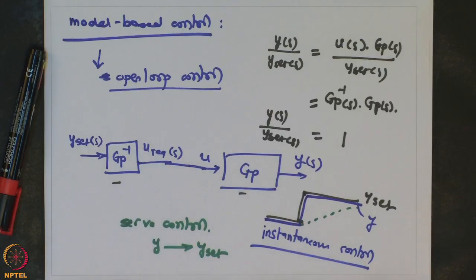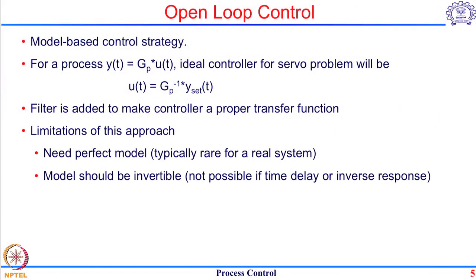So, if it is such a cool strategy, why do we not use it? Because there are certain limitations in terms of practical implementation. So, first and foremost, here we are using the knowledge that Gp is known. So, what are the limitations of this?